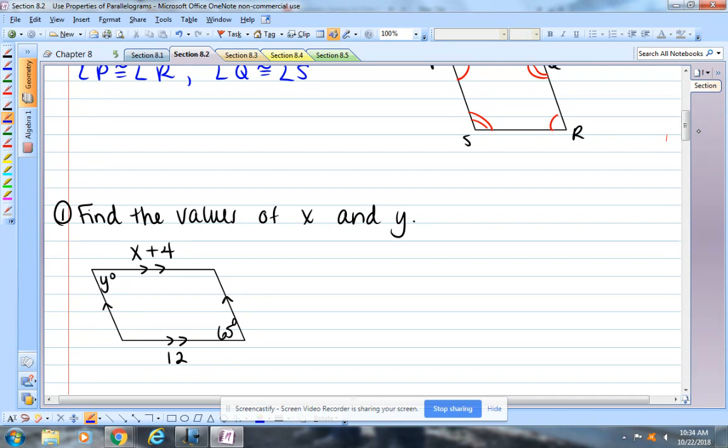Do y'all want to work on finding the X or the Y first? Well, Y is pretty much given to you. It's an opposite angle from 65 degrees. So the measure of angle Y is what? 65 degrees. They're going to be the same. Opposite angles are congruent. Now how are we going to find X?